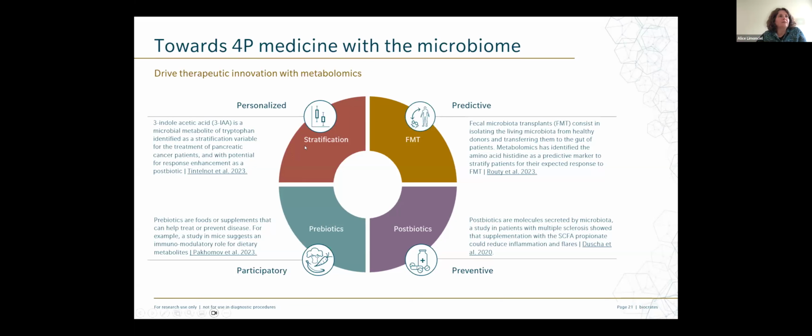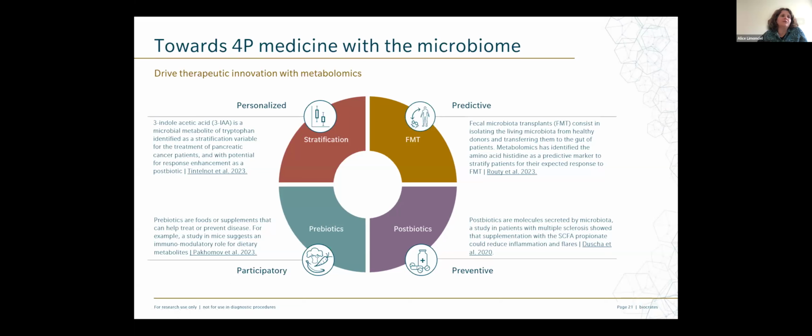So the first example in red I've just discussed, so this can give us answers for personalized medicine and for stratification of patients for treatment options. FMT, so this transfer of the fecal microbiota, you can also predict who will be a good responder to that, for example, using metabolomics.